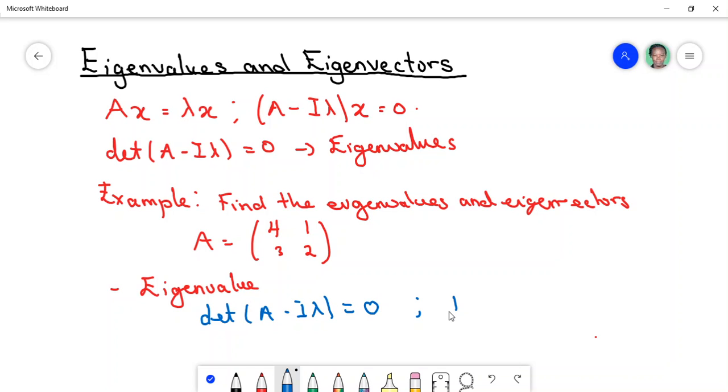What is our identity matrix? It is 1, 0, 0, 1. Good. This implies that my lambda I is going to give me lambda 0, 0 lambda.